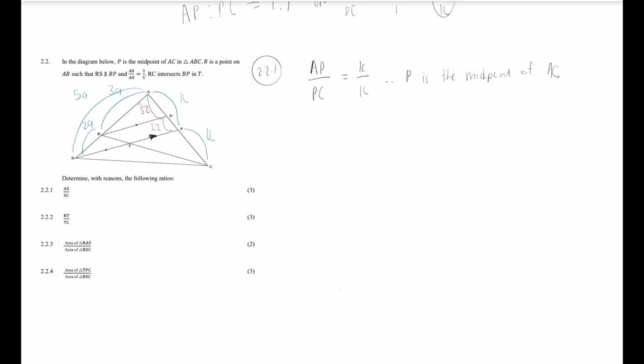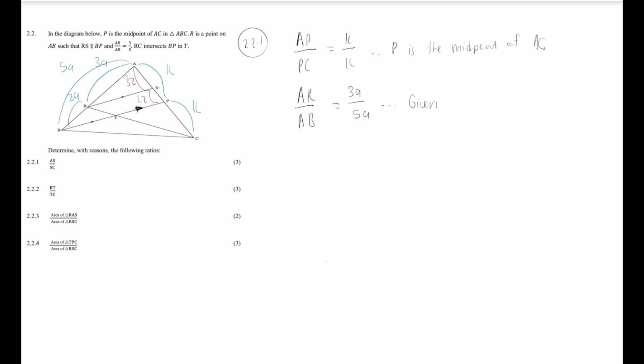And then I continue, and I say that AR over AB, which they gave me, you see that I use the variable A over here. So I'm going to say AR over AB is equal to 3A over 5A. And this is given.